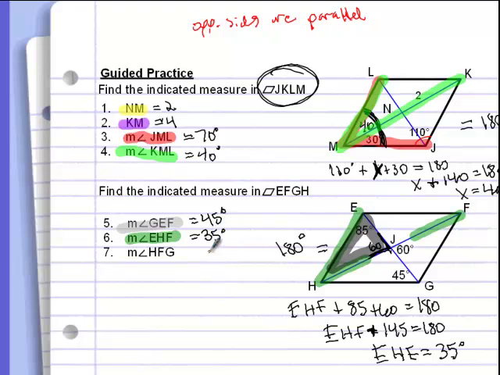Hope that makes sense how we found that, how we used vertical angles to find two of the three angles inside of a triangle. And once you have two of the three angles, now you can start using your triangle sum theorem. By the way, later in the chapter when we get into different quadrilaterals where the diagonals are actually perpendicular, think about this. If the diagonals are perpendicular, then they form 90-degree angles.